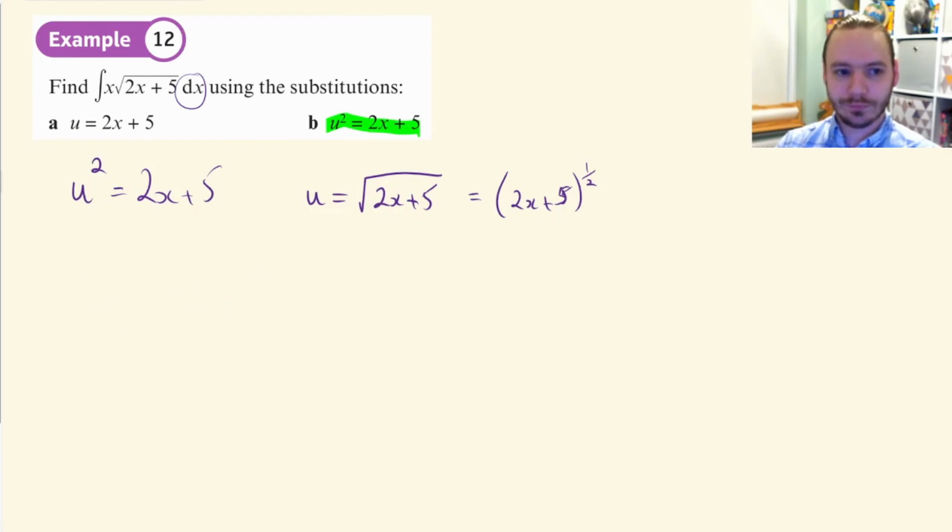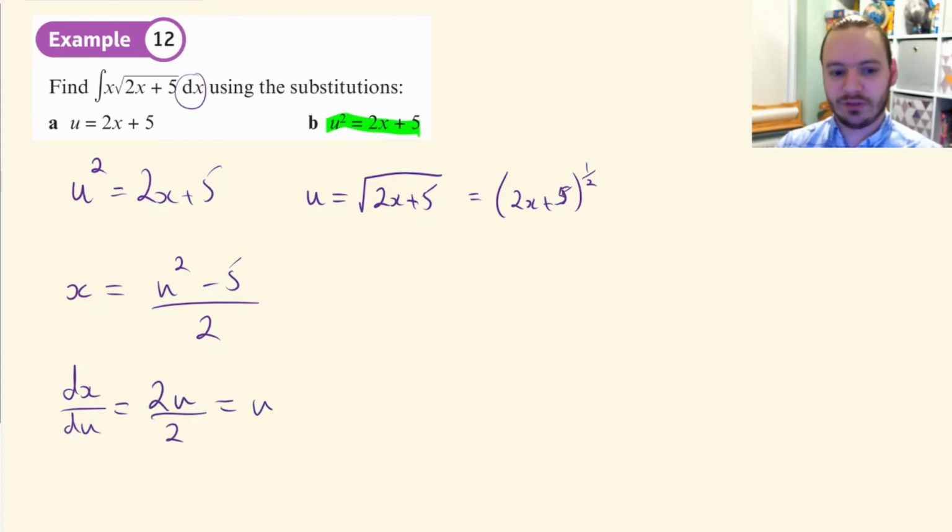So let's just quickly rearrange this to say x equals u squared minus 5 over 2, and now dx by du is actually quite straightforward. The minus 5 over 2 is a constant, it's going to disappear. U squared over 2 is going to differentiate down to 2u over 2.